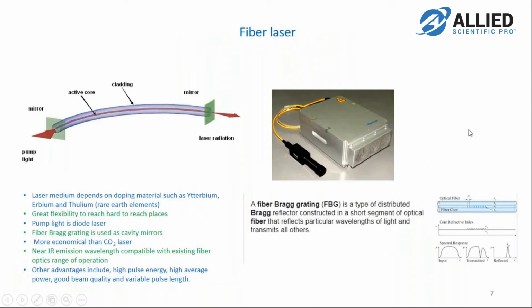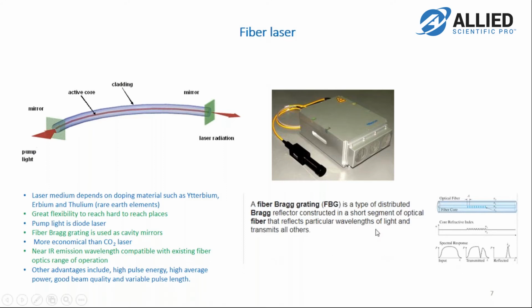Aside from these four typical lasers, we also have fiber lasers that have gained popularity recently in the industry. The difference between this laser and the other lasers is that they don't have mirrors. The gain medium is the fiber itself, some kind of doped fiber made of ytterbium, erbium, thulium.